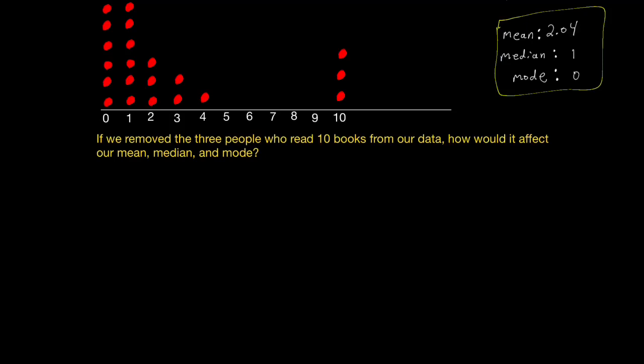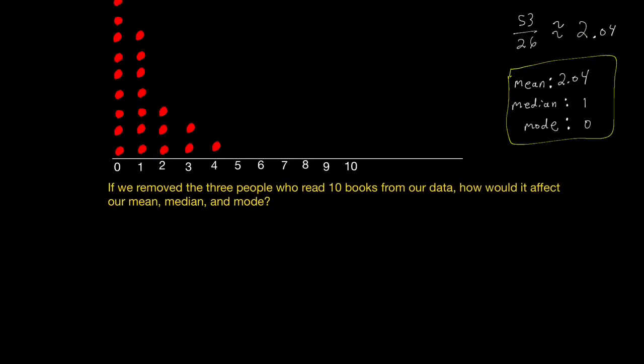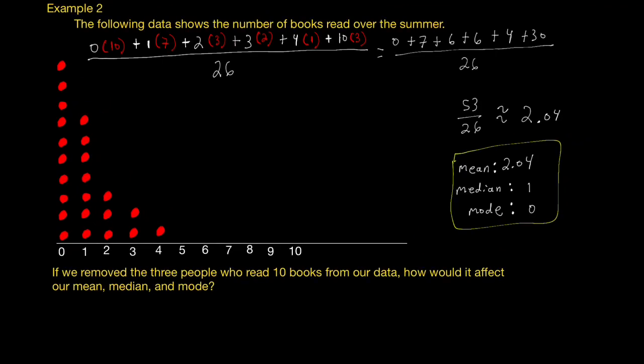So we gotta remove these 3 values here. So we remove this outlier of 10. Well, here it was 3 students. So now how is this going to affect our data? Well, we technically erased this part right here.